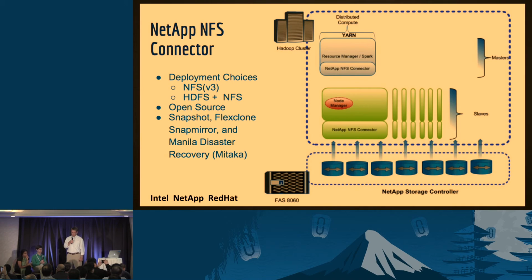There are a couple of choices with the NFS connector. You can deploy it in two different modes. So in the first mode, you're completely speaking NFS v3. The end user doesn't need to know anything about it, and it's just presented up as an HDFS file system. And that's simpler. It's all NFS on the back end. There's also a mode where it's HDFS and NFS.